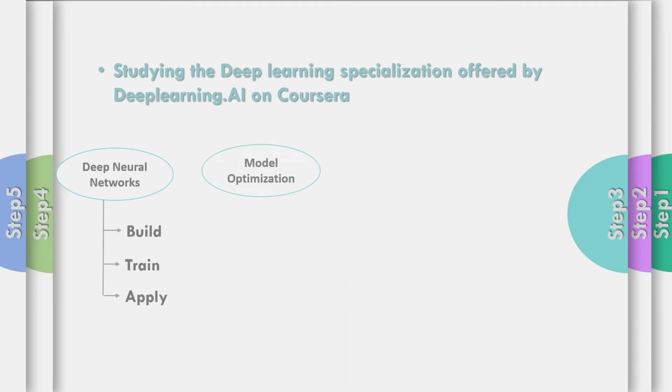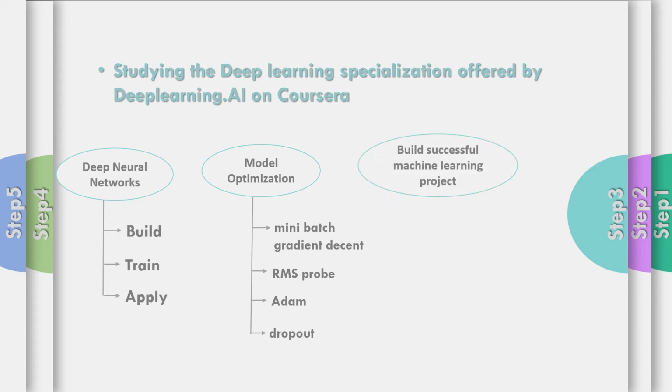How to optimize our model using algorithms such as mini-batch gradient descent, RMSprop, Adam, and dropout, rather than using batch gradient descent. We also learned how to build a successful machine learning project and practice decision making as a machine learning project leader, and how to build convolutional neural networks and apply them to visual detection and recognition tasks.